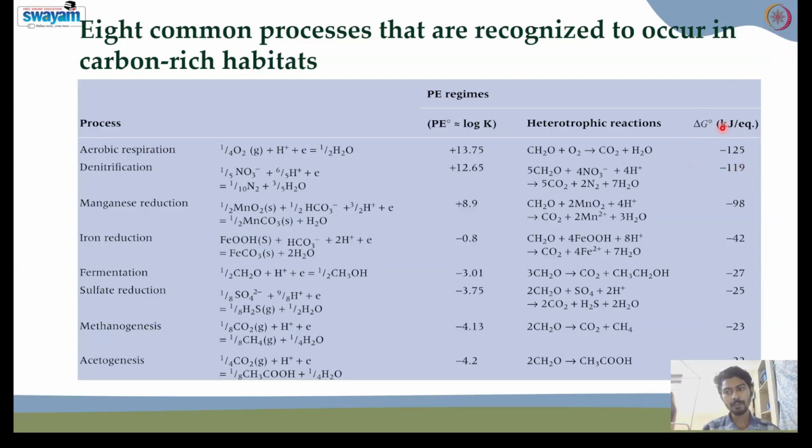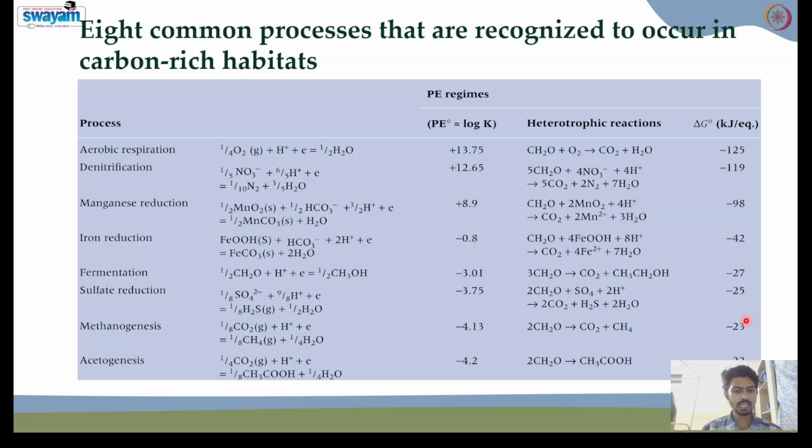So the environment favors oxygen as the more favorable electron acceptor than carbon dioxide. If the environment contains nitrate and carbon dioxide, it still prefers nitrate as the electron acceptor because its del G is very negative compared to methanogenesis. And this is how the reactions are favored and the processes occur.